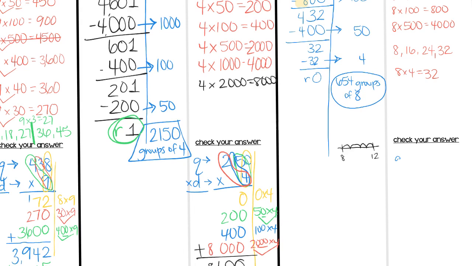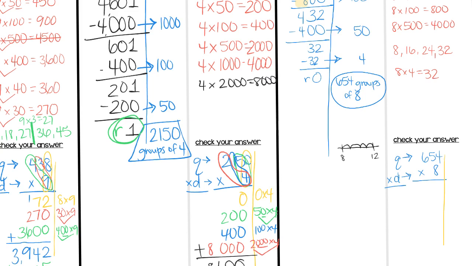We have our quotient times our divisor. So we got 654 as our quotient. And then we need to multiply it by our divisor. So we were doing groups of 8. This should equal our dividend.